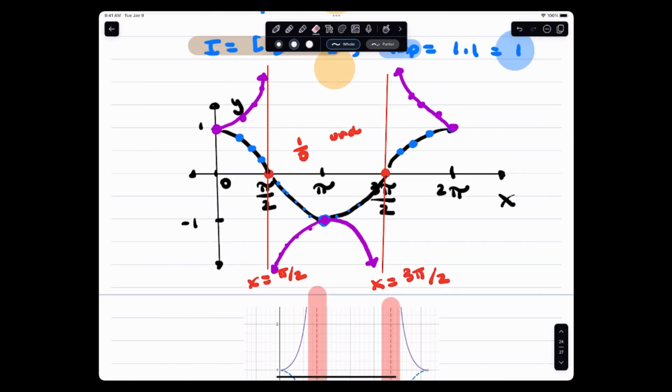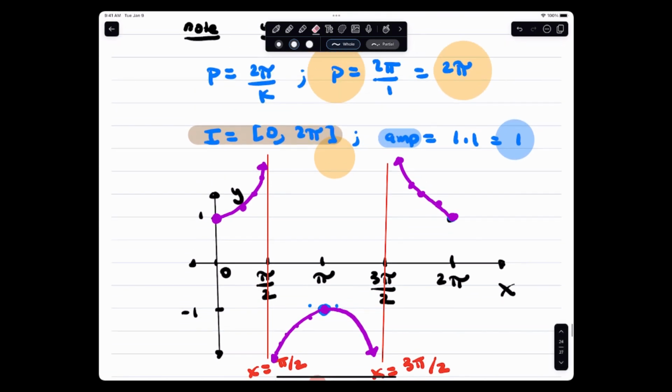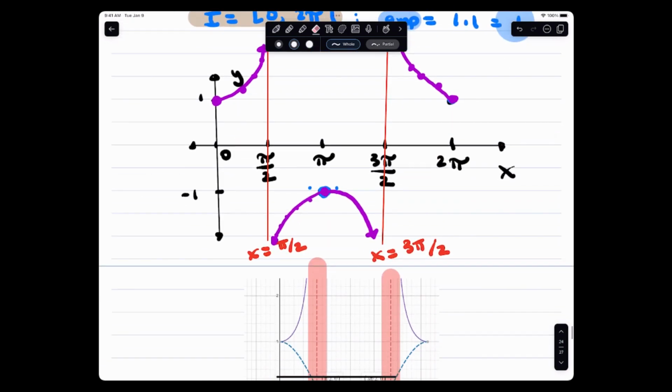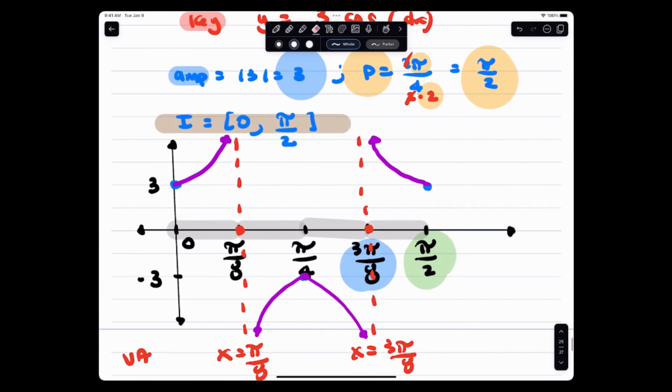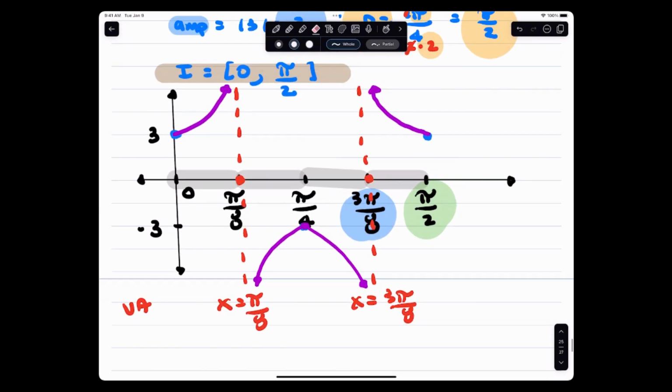And, generally speaking, for secant, you don't have that information there, right? You just have this. Easy peasy, lemon what? Lemon squeezy.